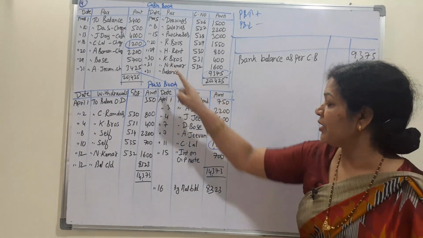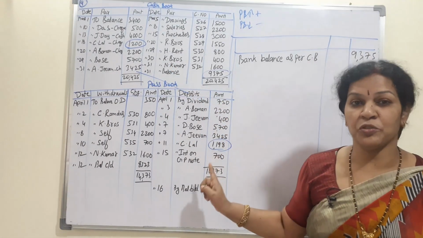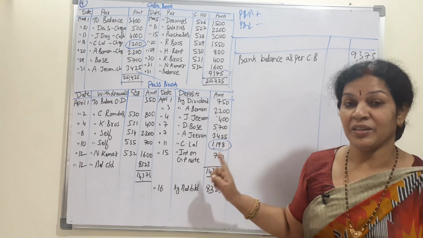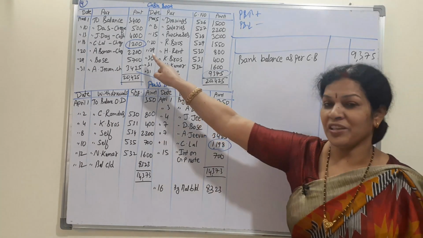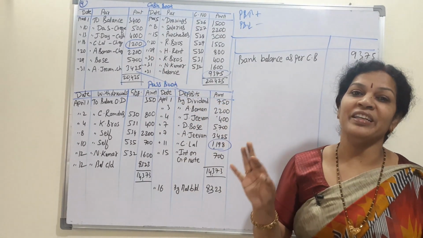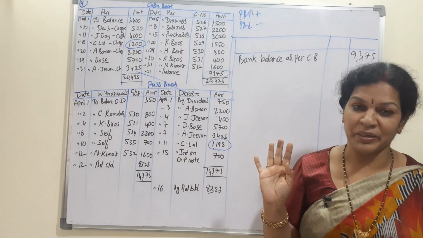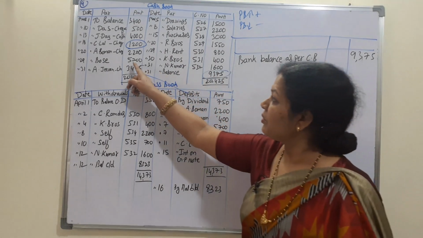So instead of 1200, 1198 is showing on the credit side of the passbook in April. It means the check was deposited but not cleared in the month of March. Remember this.